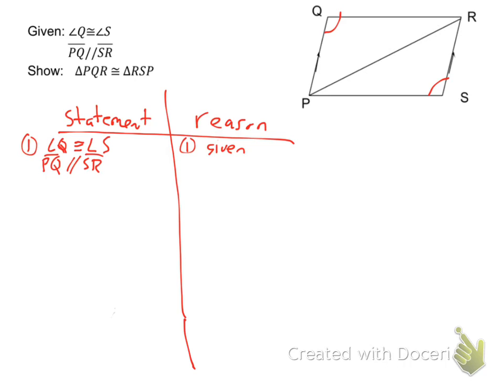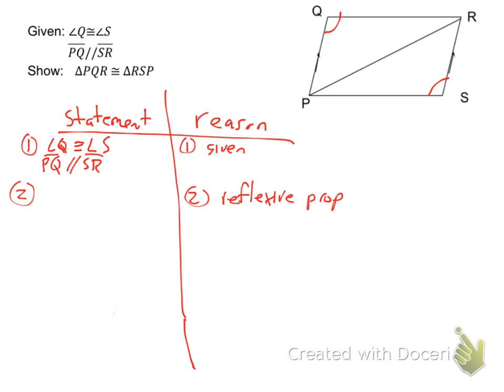I'm going to have to use that parallelness to figure something out along the way. Does anybody else have a good idea? The one that we use quite often. Reflexive. So someone other than Ella is going to tell us what's using the reflexive property. Hayden.